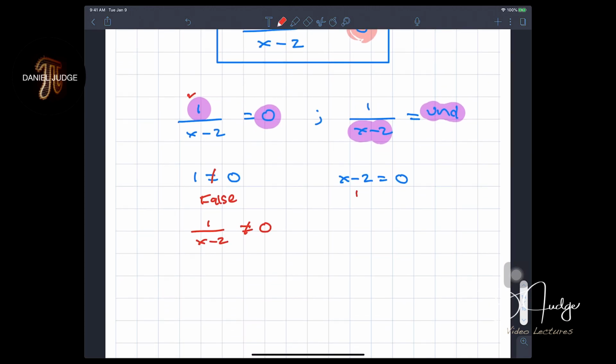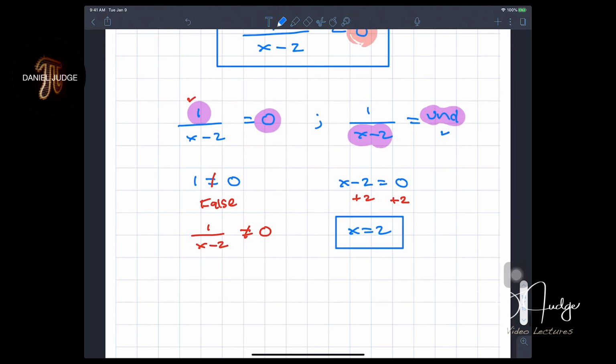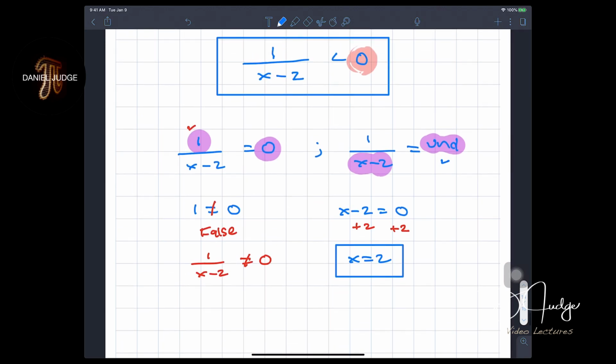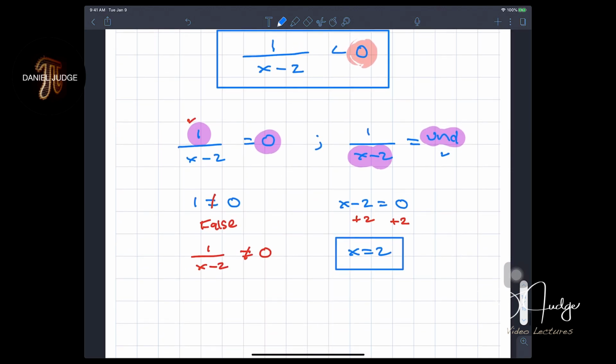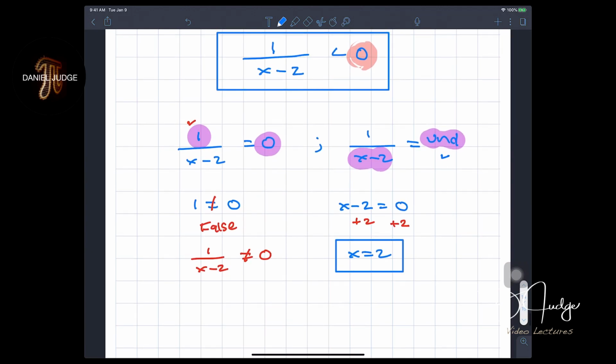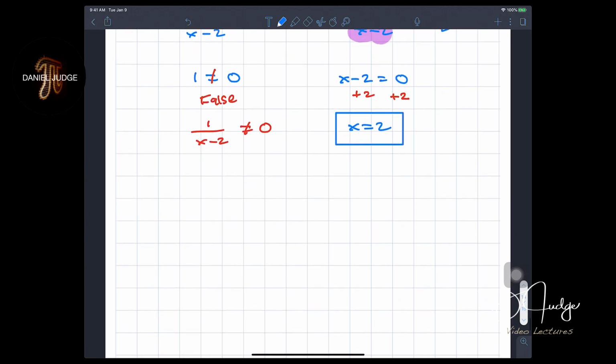However, if x is positive 2, because we're solving this, when x is positive 2, the fraction is not 0, it's undefined. So we only have one value to consider here, and that's the value x is 2. So when we do this, you say, okay, here's my real number line.